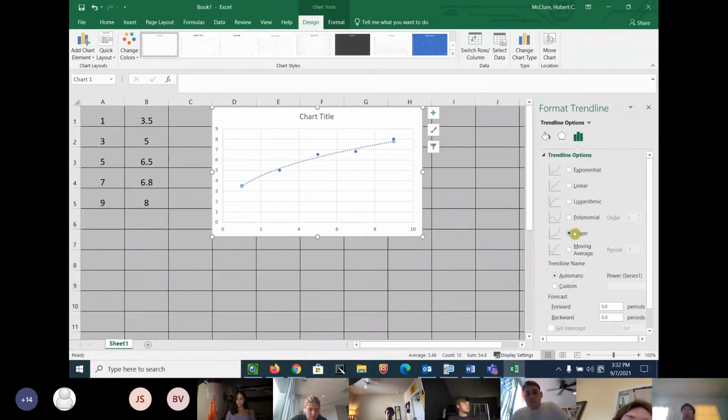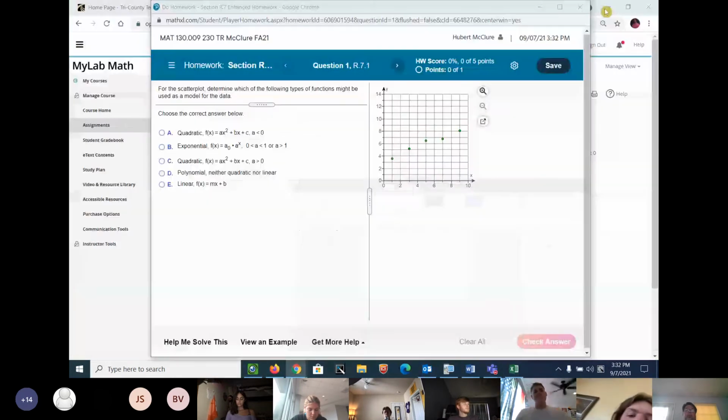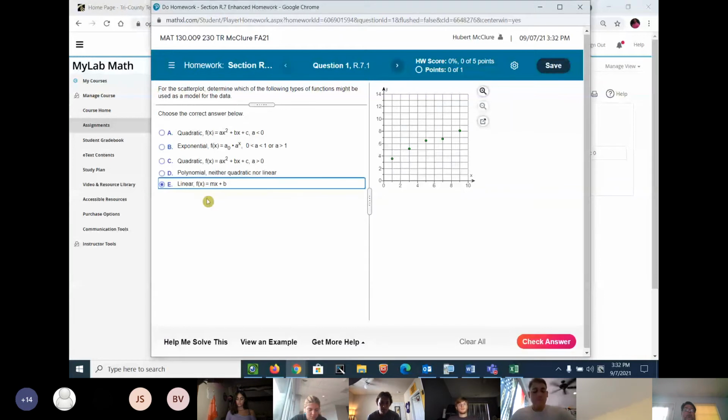I'd say that either one of those is pretty good. Let's see what our choices are. Linear would be x to the first power, right there. Can you pick more than one? Nope. Neither quadratic nor linear. Polynomial, neither quadratic. Well, we said it was quadratic.